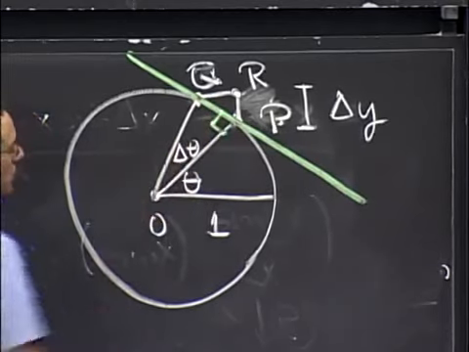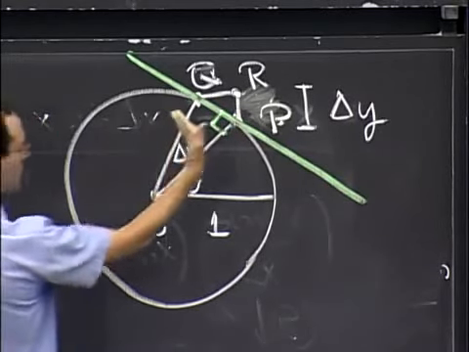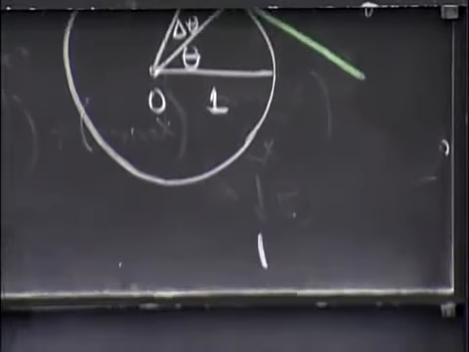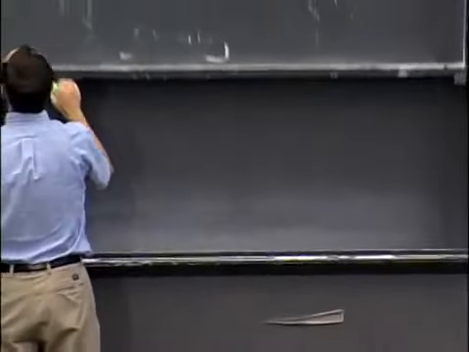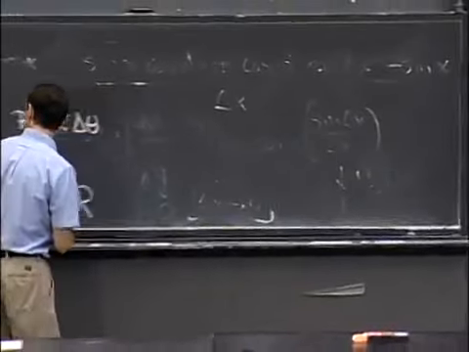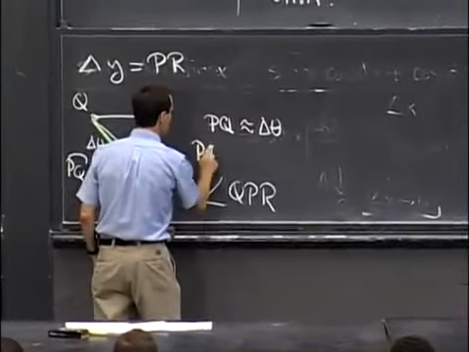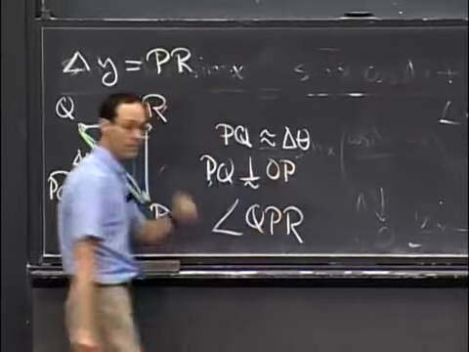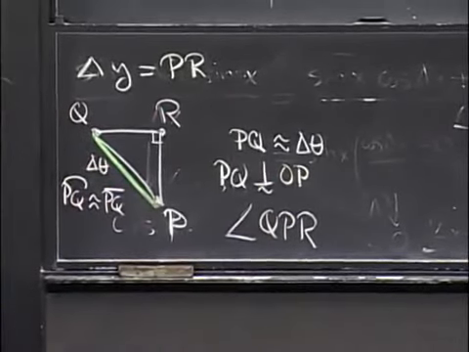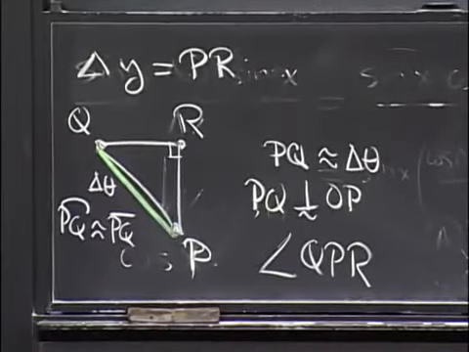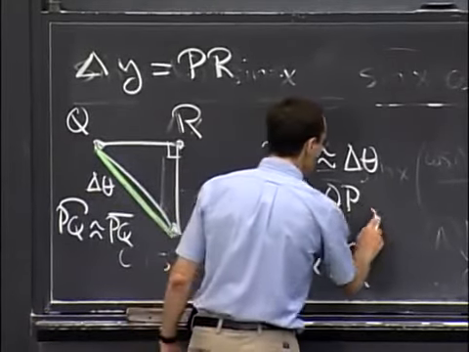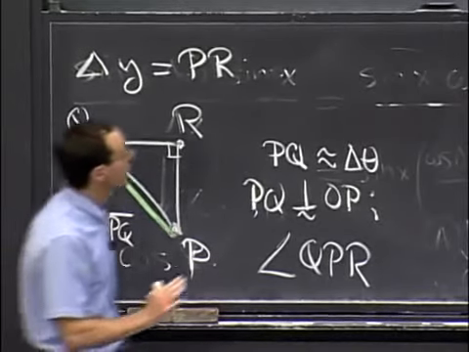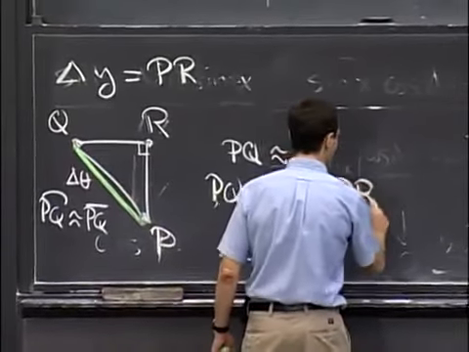But in the limit, it's going to be perpendicular. Exactly perpendicular, the tangent line to the circle. So the key thing that I'm going to use is that PQ is almost perpendicular to OP. All right, the ray from the origin is basically perpendicular to that green line. And then the second thing I'm going to use is something that's obvious, which is that PR is vertical.